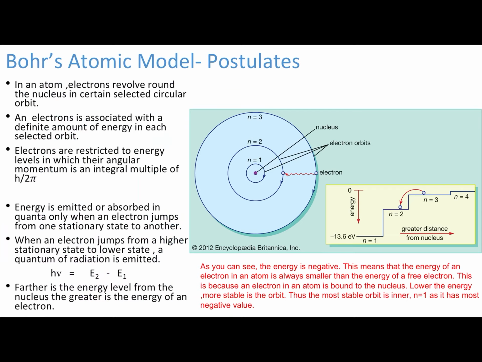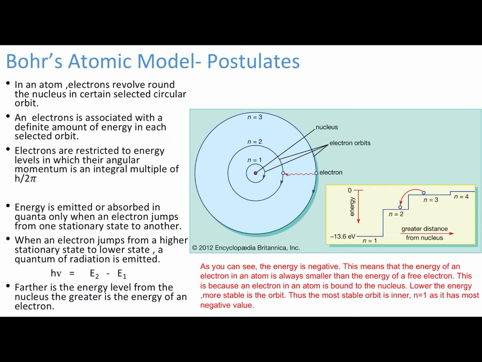Farther is the energy level from the nucleus, the greater is the energy of an electron. The energy of the electron in the hydrogen atom has a negative sign for all possible orbits. This negative sign means that the energy of the electron in the atom is lower than the energy of the free electron at rest.